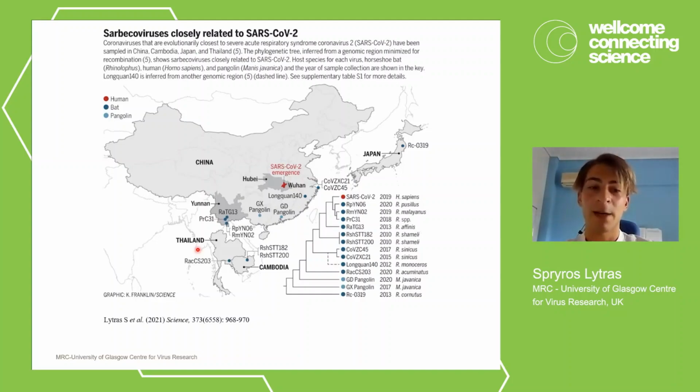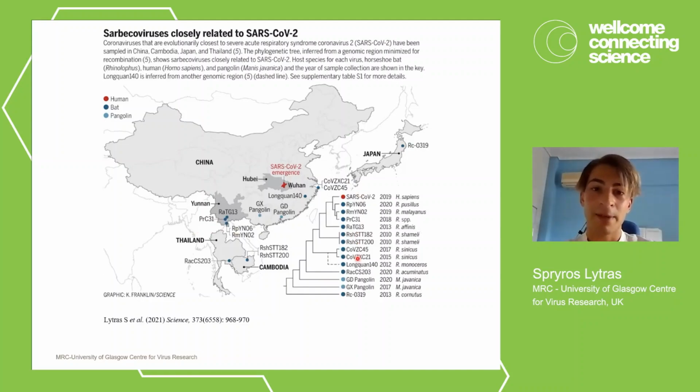Now, we still haven't sampled the population of the proximal ancestor of SARS-CoV-2, and the closest kind of virus clade that we know of is the viruses sampled here, PRC31, RPYN06, RmYN02, that shared a common ancestor with SARS-CoV-2 about 40 years ago. So this is still quite a long time, considering the movement of these recombinant viruses in the past century.